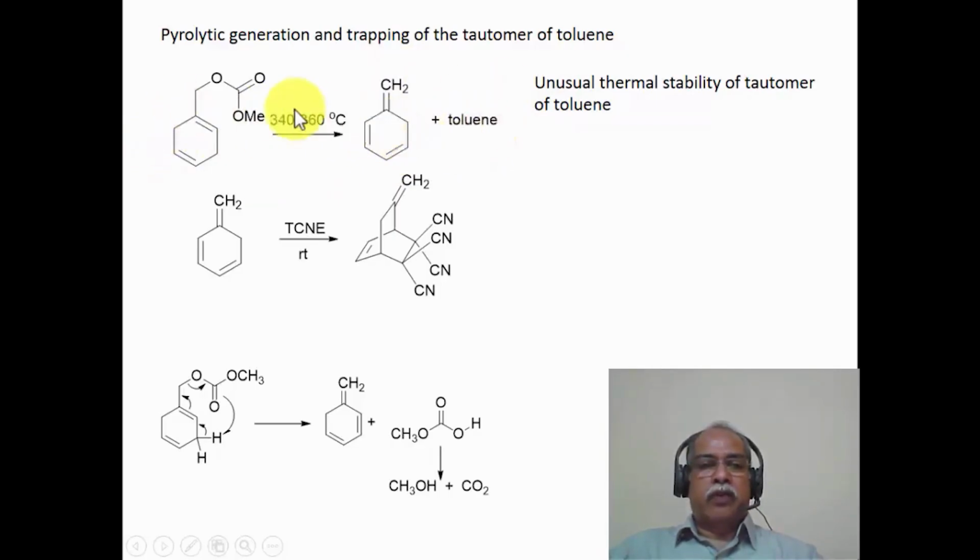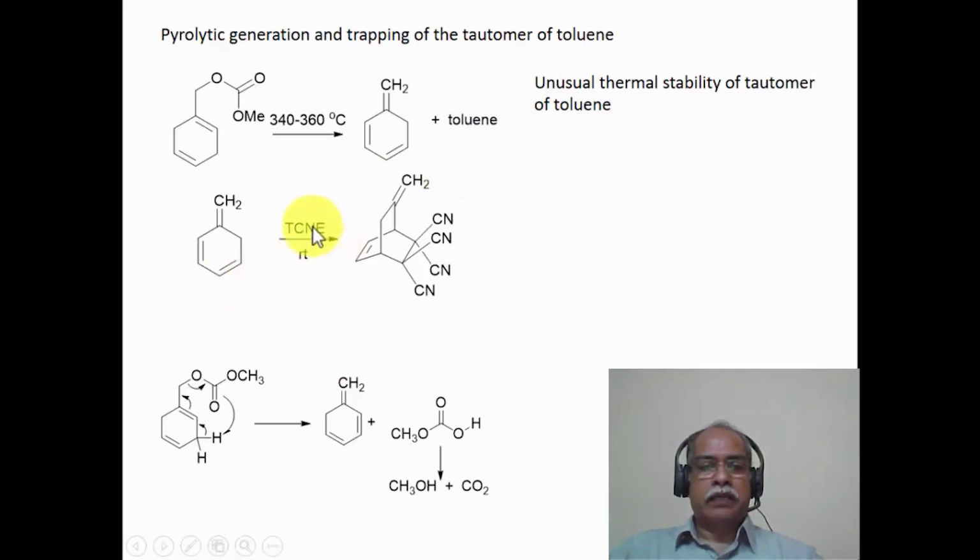How is the tautomer of toluene formed from this carbonate? The mechanism is shown here. This oxygen essentially picks up this hydrogen with a simultaneous migration and loss of the carbonic acid, which decomposes to carbon dioxide and methanol, resulting in the formation of the tautomer of toluene. The tautomer of toluene under this condition is reasonably stable because it doesn't readily isomerize to toluene.